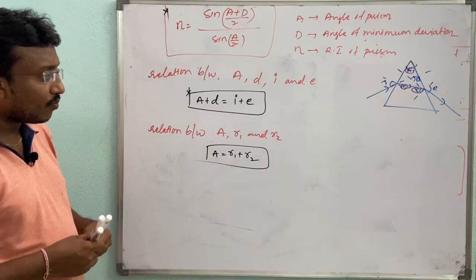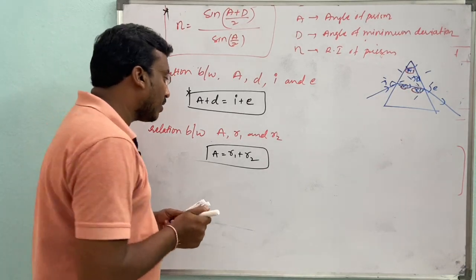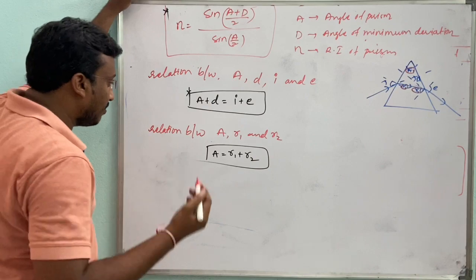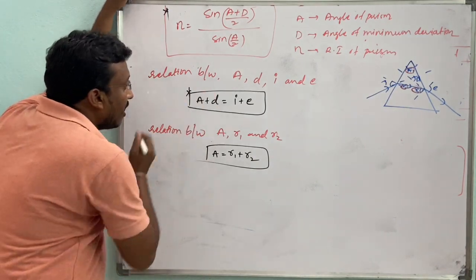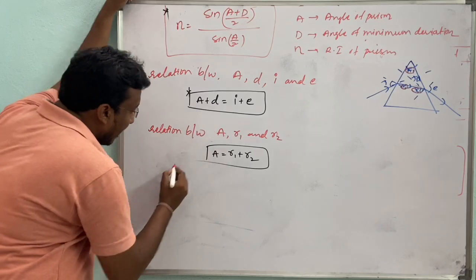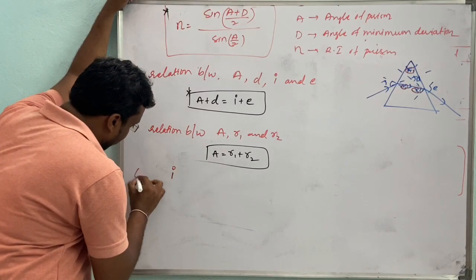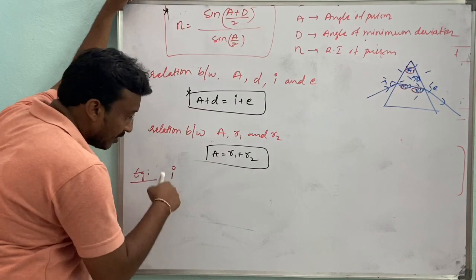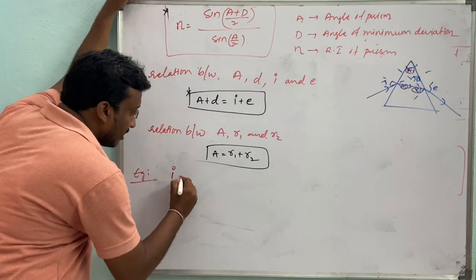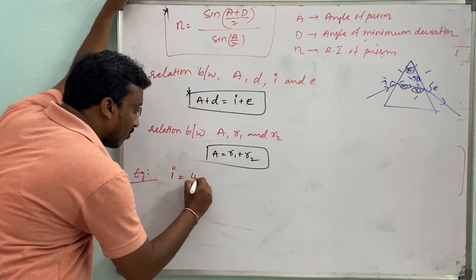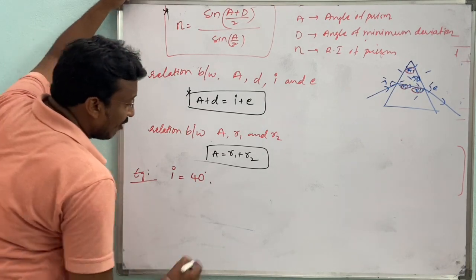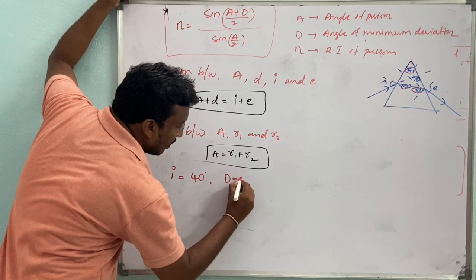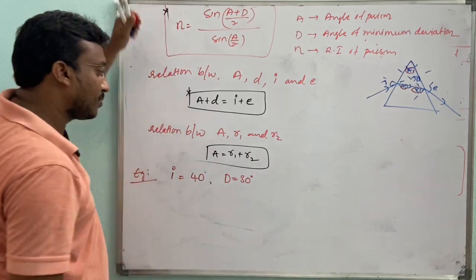One question was given in previous papers of one competitive exam. Angle of incident equal to 40 degrees and angle of minimum deviation equal to 30 degrees, got it?